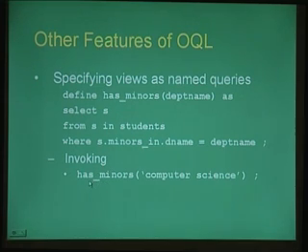You call a function called has-minors like this, and the output of this is the set of all students where those students are minors and are working in a department. That is what is specified by the query here.